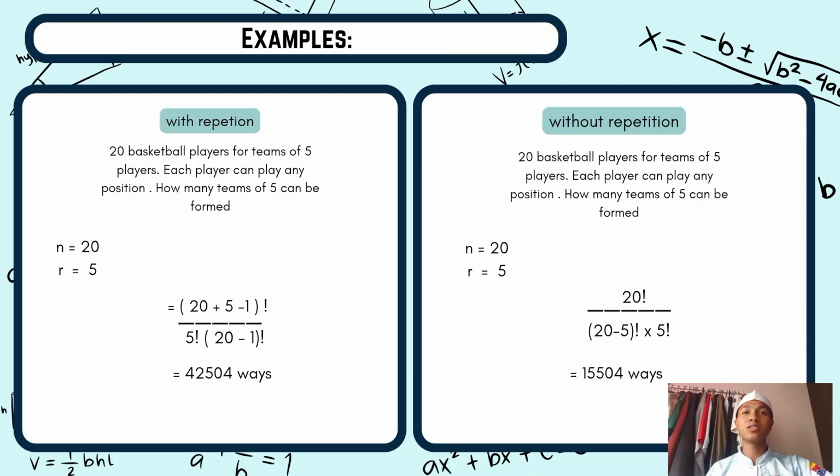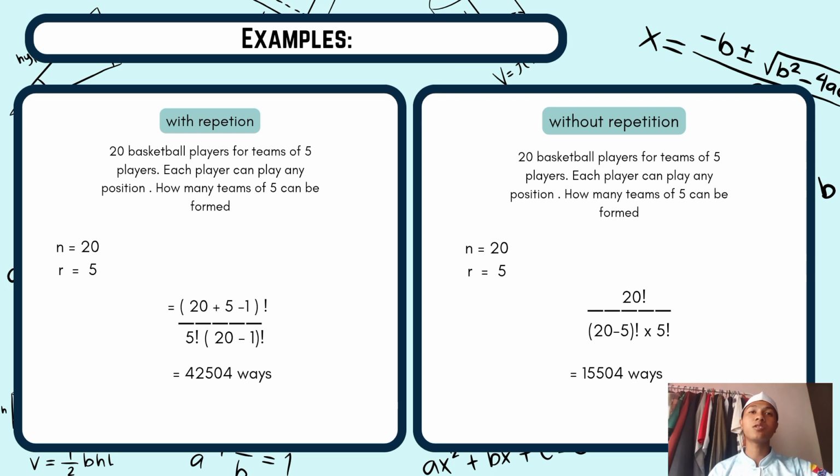We go to the next example of combination. For the first one, with repetition, 20 basketball players for a team of 5 players. Each player can play any position. How many teams of 5 can be formed? So the value of n is 20 and r equals 5. So we just use the formula of combination with repetition, and we got 42,504 ways.